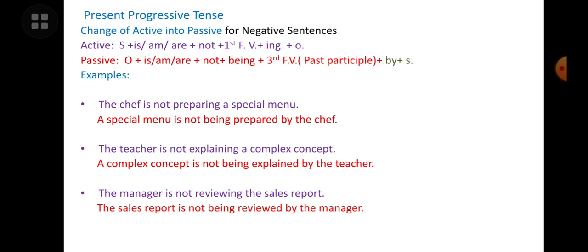Here the passive voice will be: a complex concept is not being explained by the teacher. In the third example, the manager is not reviewing the sales report, so its passive voice will be: the sales report is not being reviewed by the manager.